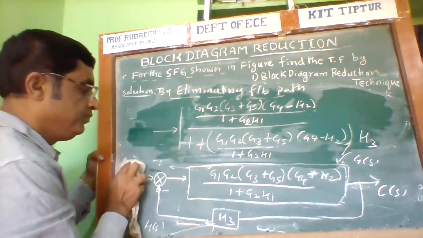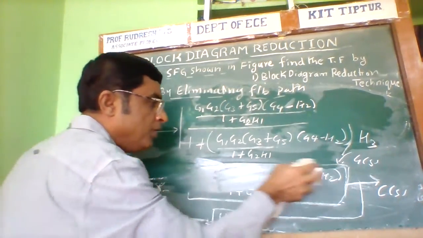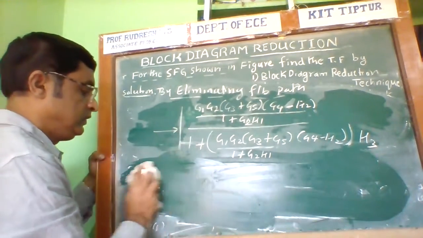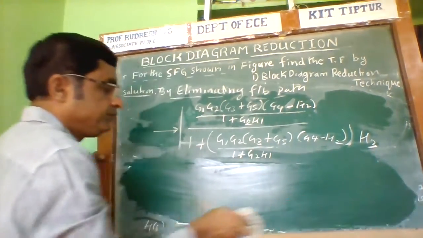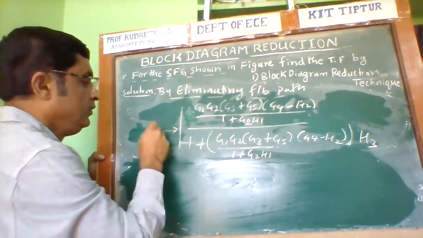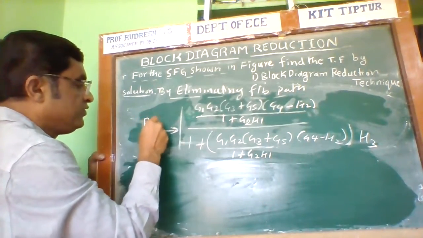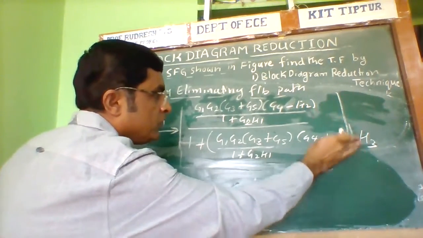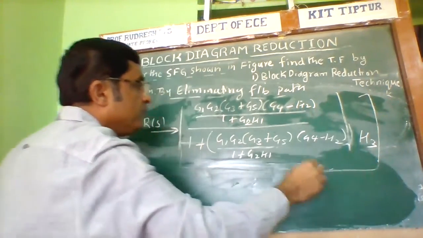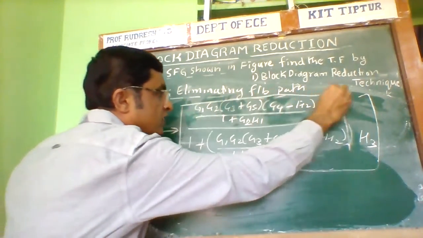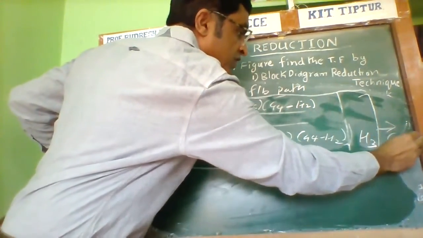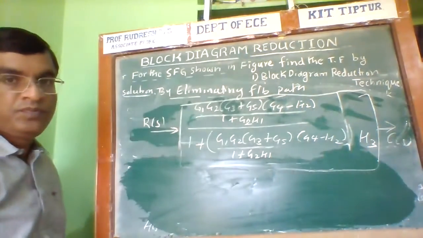Now this is the output of the block. Now the input is R of S. So the output of the block is equal to this entire quantity, which is equal to C of S.